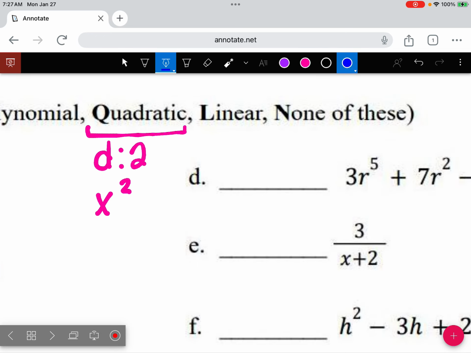Our linear, what word do we see in linear? Line. These are lines. So these will have degree of 1, usually as like an mx plus b situation. Not necessarily always, but a lot of times. But the power is 1 or 0, because that would be a horizontal line.